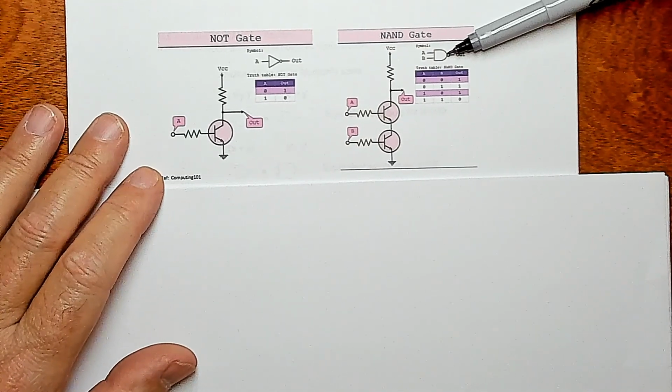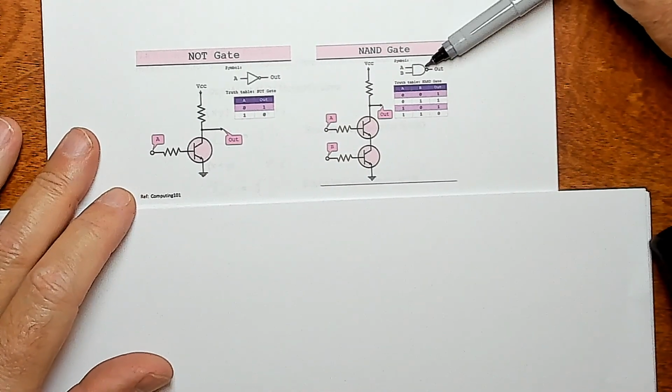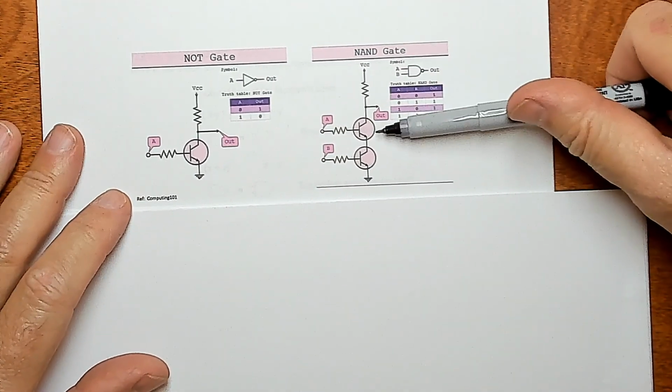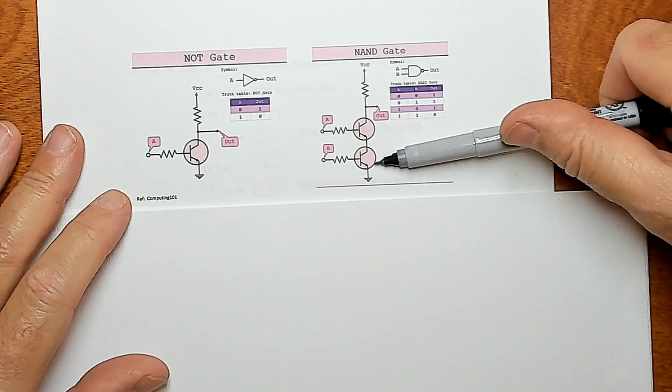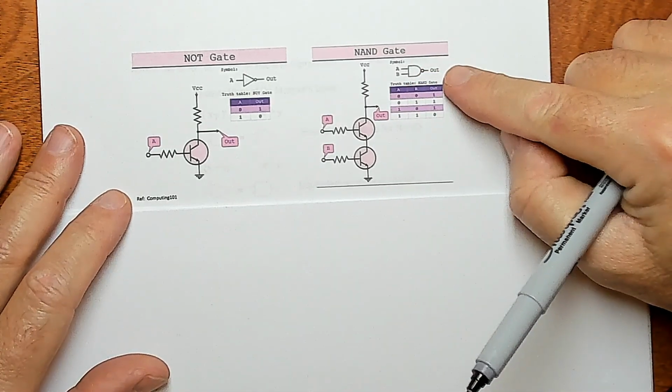Here's a NAND gate. Now, the point of showing you this is that NAND can be made out of these two transistors, and that's the fewest transistors that you can use for a binary operation.